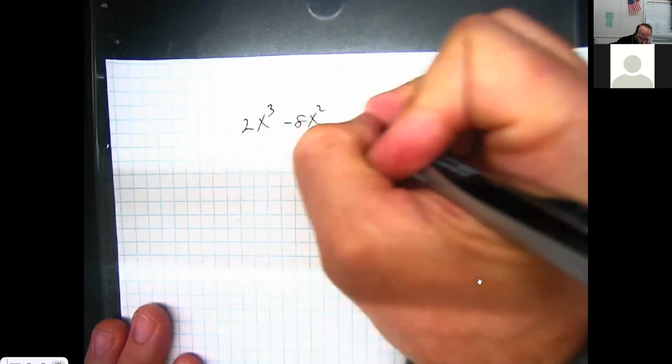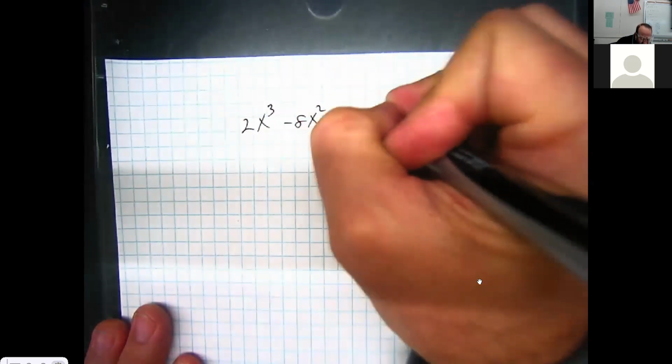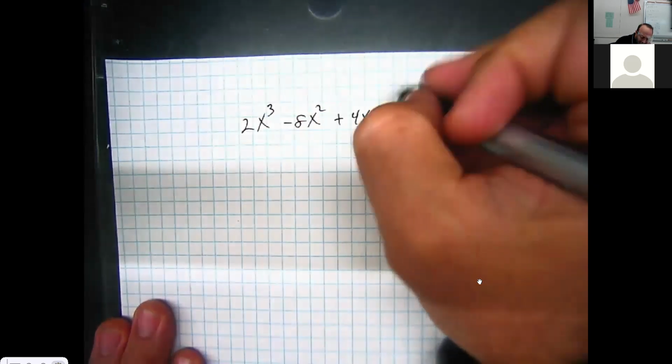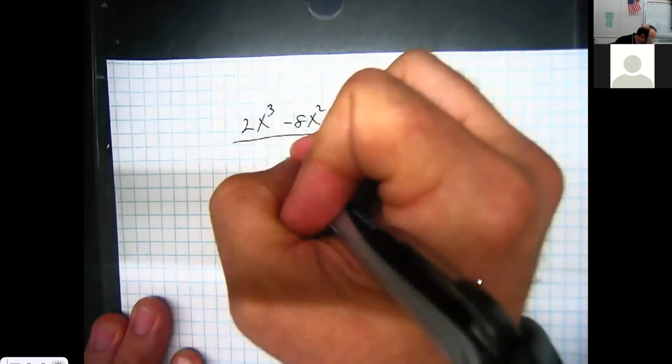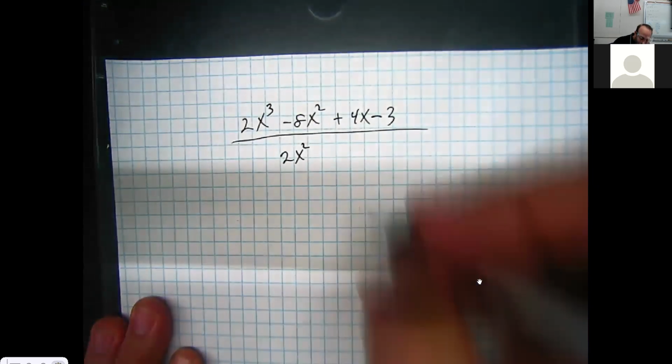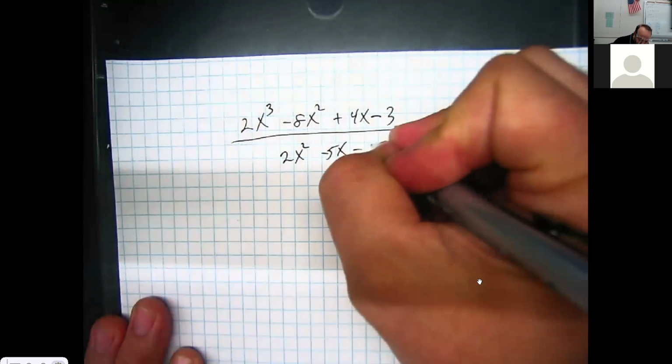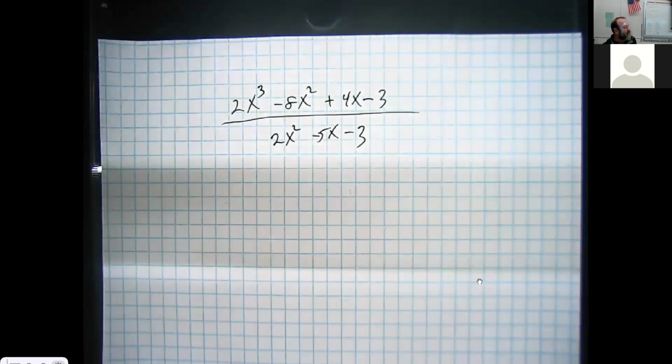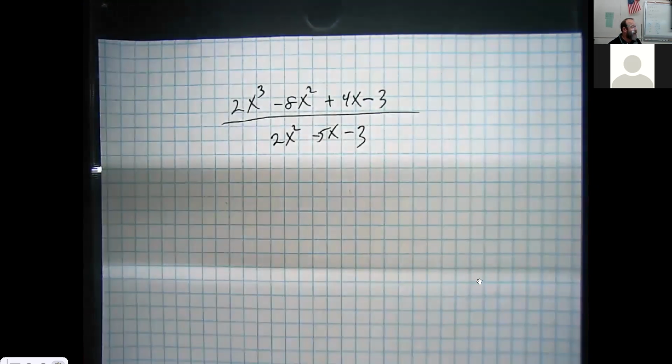I'm going to go with 2x^3 - 8x^2 + 4x - 3, and I want to try to divide that by 2x^2 - 5x - 3. Now, what I can tell you right now is technically by the rule, I cannot use synthetic division on this problem any longer. You guys understand why?